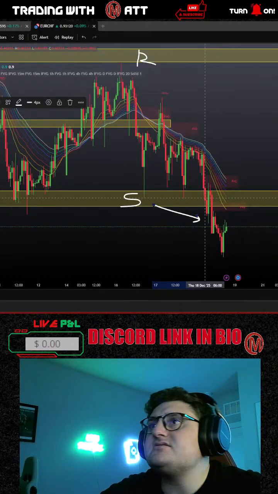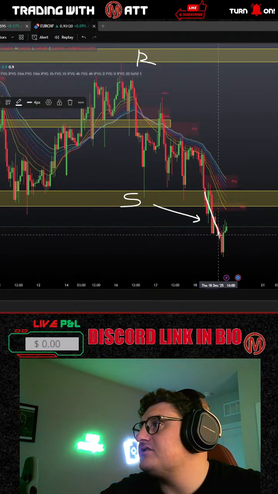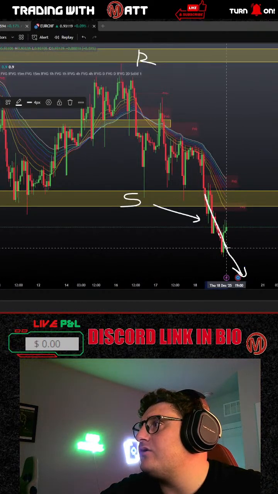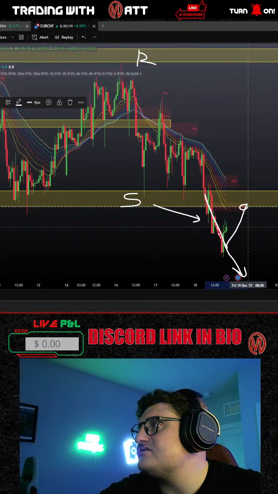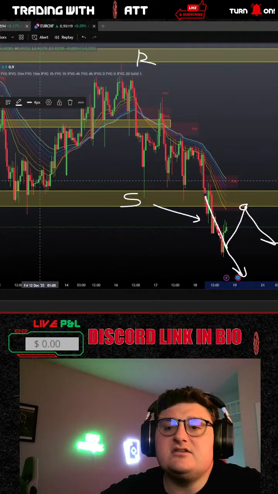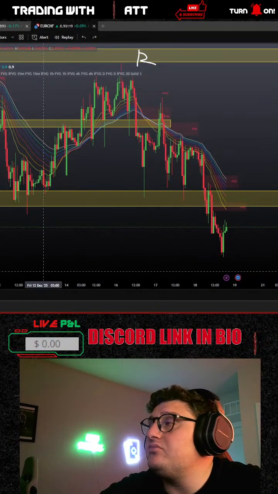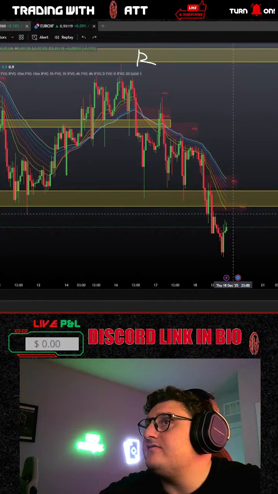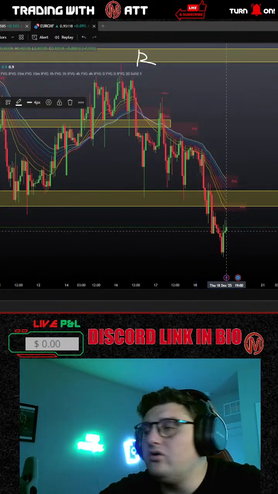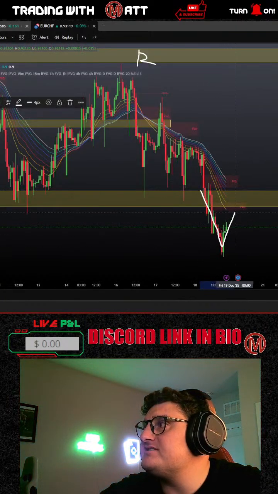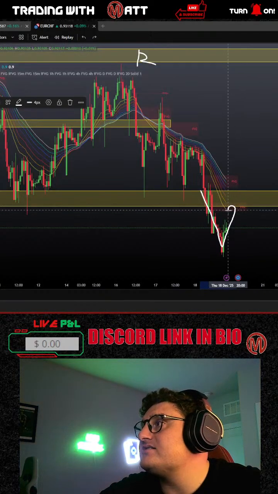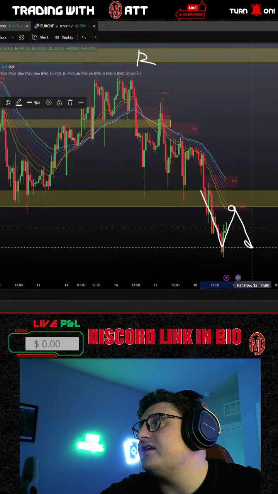So what that tells us is one of two things. It's either going to continue to drive down through the zone, or we're going to see it drive down to where it is, come back up and retest the zone, and then possibly come back down. So when you're looking to get into a trade, it's really important that you verify if it is in fact a driving through the zone type trade or a trade where it is going to come back and retest the previous support and your new possible resistance and then make a move down.